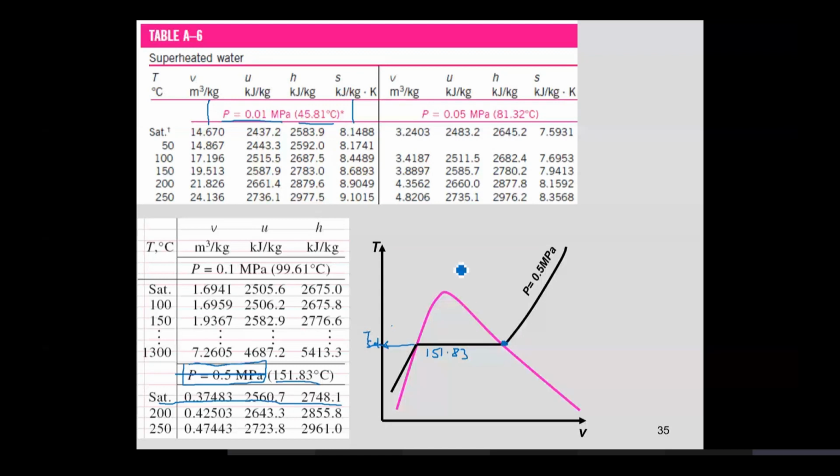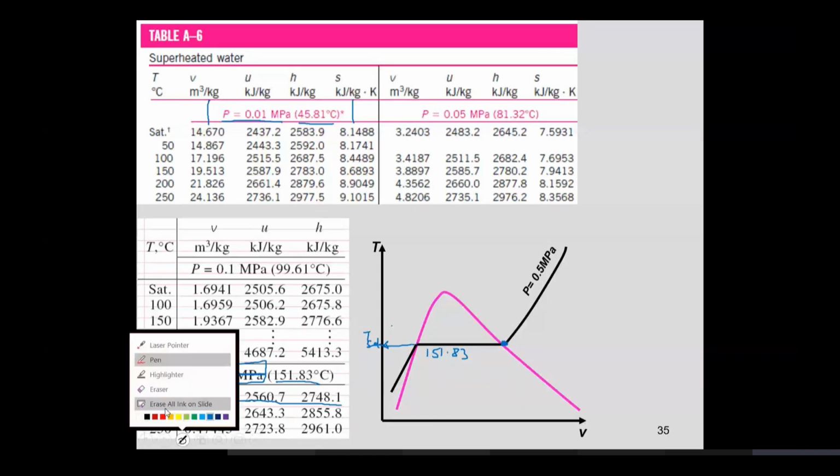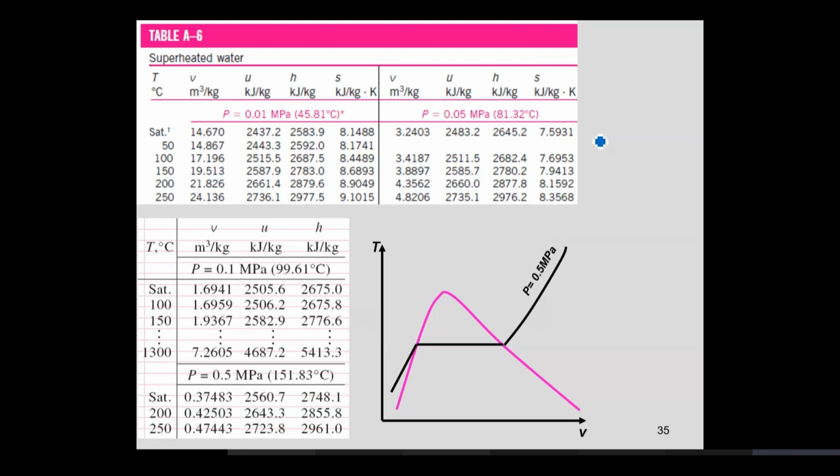Great. Now let's say I have been given the information that my system is at 0.5 megapascal pressure, and the temperature of my system is 250 degrees centigrade. Where am I in this table?